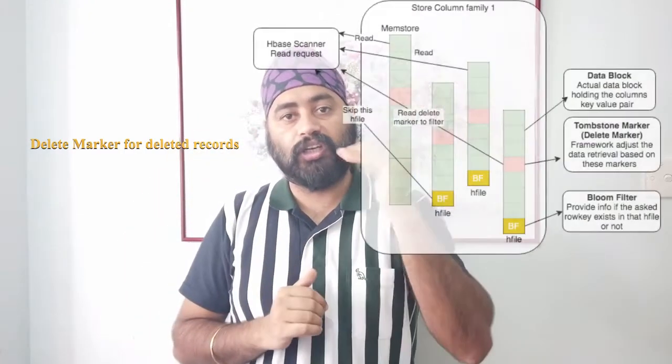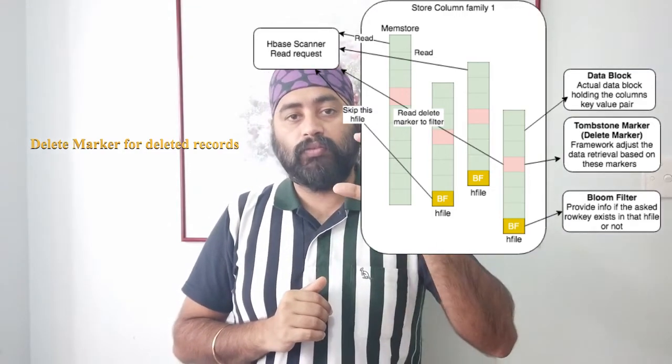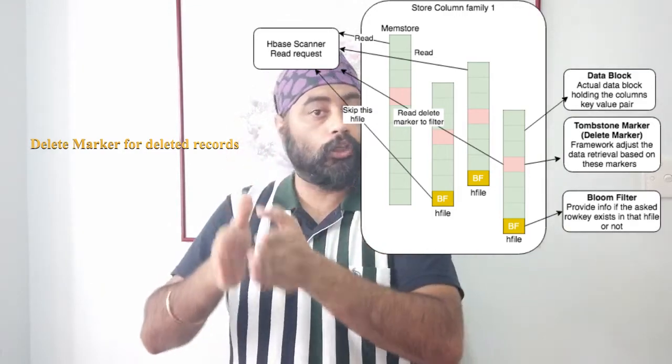Okay, so how exactly does read happen? The request comes in, and from the starting, the client sends a request to Zookeeper to get the metadata information. From the metadata it gets the region which is storing that particular row. Now when you go one more layer deep, once you get the region, it will go into that region, and for that region it needs to scan all the store files.